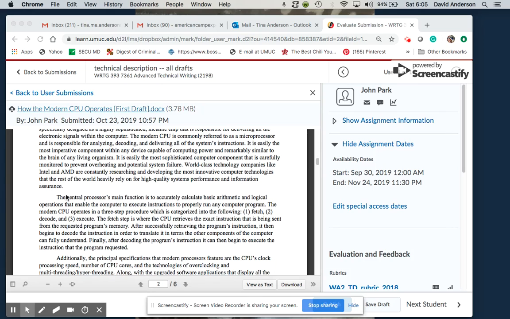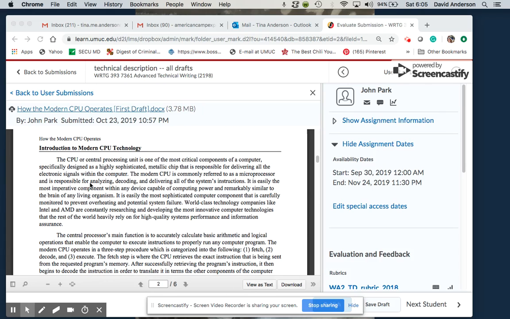Of the product. Now, the central processing unit's main function is to accurately calculate basic arithmetic and logical operations that enable the computer to execute instructions and properly run any computer program. Okay, once again, once you introduce an acronym, then you replace the use of that proper noun with the acronym throughout the paper.